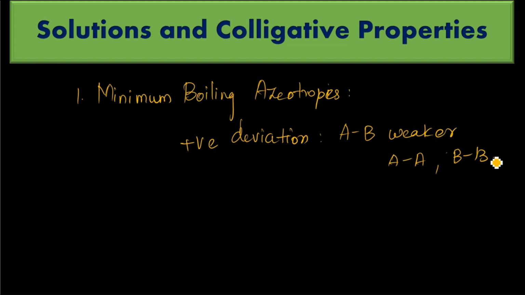Due to the higher vapor pressure, these form minimum boiling azeotropes that boil at low temperatures, lower than either of their pure components.